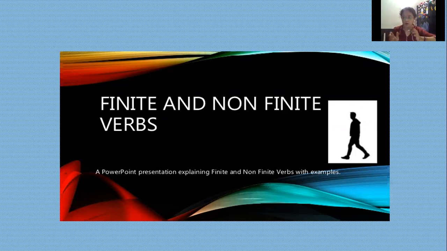We have been studying this from class 4th and 5th, even in 1st and 2nd, in the form of action or doing words. That is the simplest way to say it: action words. We also say that verbs have number, tense, person, and time. That is a verb, and basically that is a finite verb.